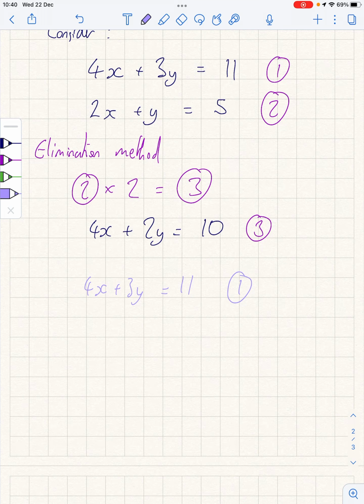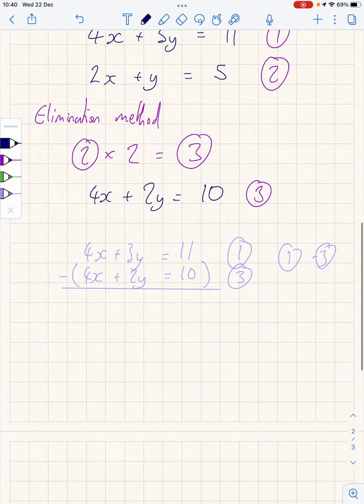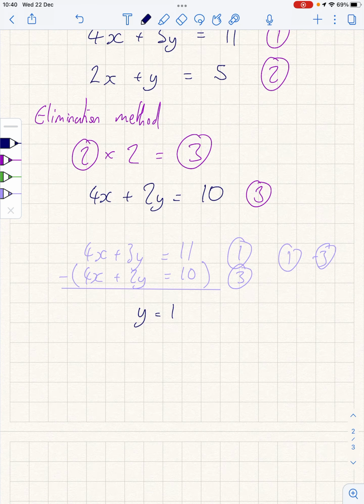And if I put equation number 3 below it, you can see if I was to subtract, if I was to do 1 take away 3, I get myself y is equal to 1, and immediately the value for y drops out.